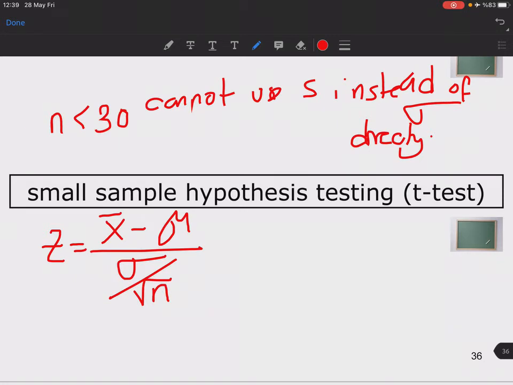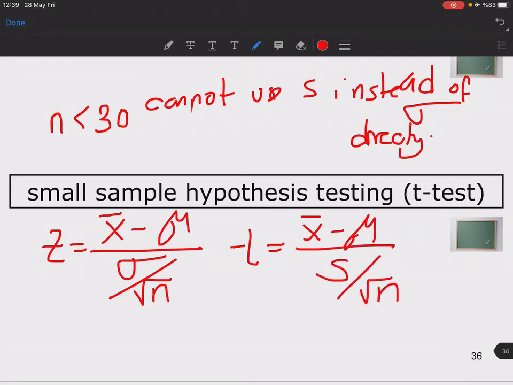But for your t, what you have here will be x again minus mu over s over square root of n. Now we can use s right here.